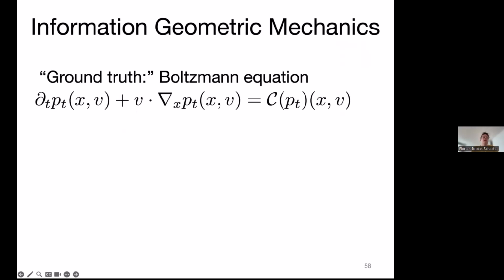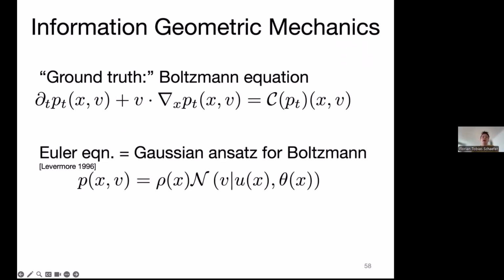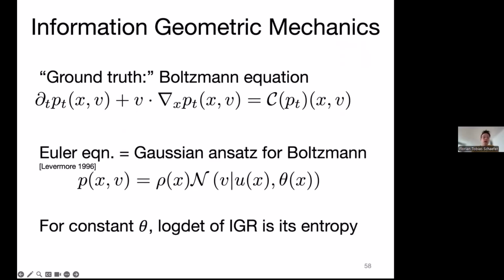And this has, I think, a lot of potential to be extended to more complicated procedures. So for instance, one can view the Euler equations as arising from the Boltzmann equation by making a suitable probabilistic ansatz, the so-called Maxwellian ansatz of normally distributed particle velocities. And if we look at that again, then we see that at least for constant temperature, the log determinant that we've been using is really the entropy of this Maxwellian ansatz.